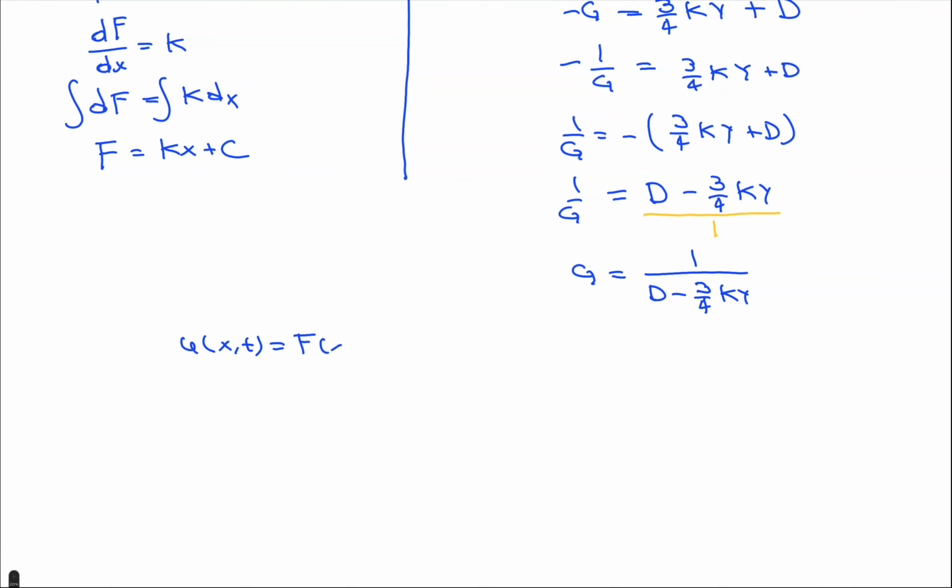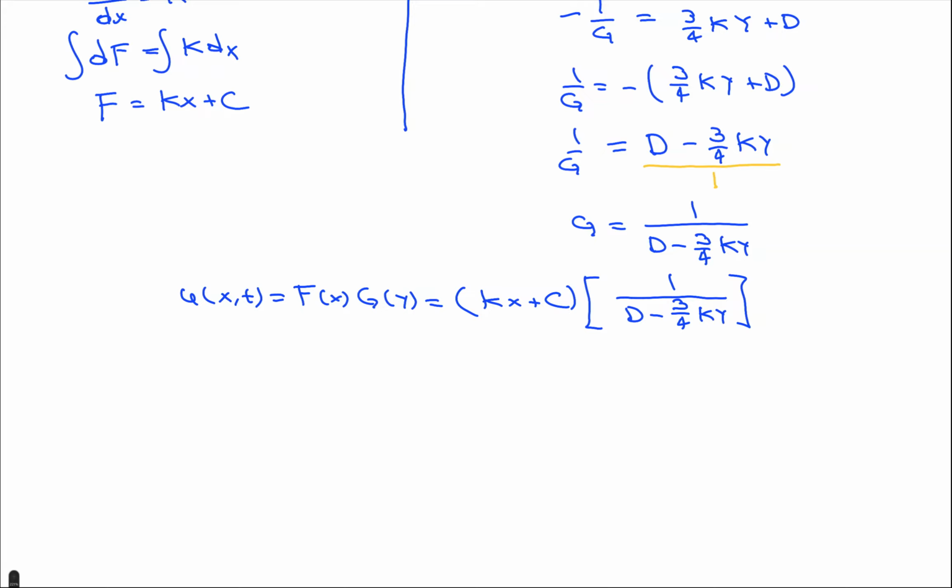So that is the product f of x, g of y, for which we have kx plus c times 1 over d minus 3/4 ky. All right, let's clean this up. In this case, there will be no absorption of constants of integration like we did in other exercises where the product just absorbs into one single constant of integration.